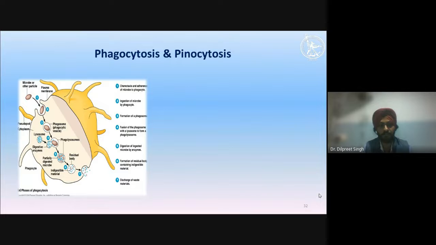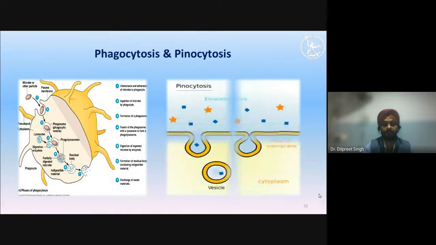The fusion of the phagosome with the lysosome forms a phagolysosome. The phagolysosome is digested by the ingested microbe and it forms the residual body components containing the indigestible material. The discharge of the waste material occurs by different types of mechanisms. When we talk about pinocytosis, the vacuoles so formed are uptaken with the drug and coupled with the extracellular fluid to promote the absorption in the cytoplasm or the cytosol.